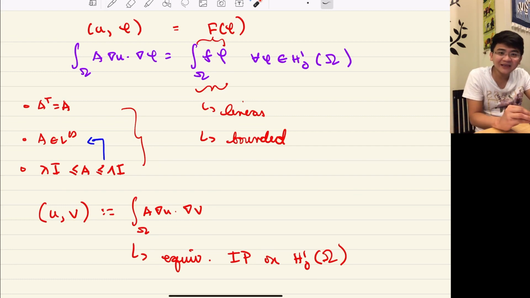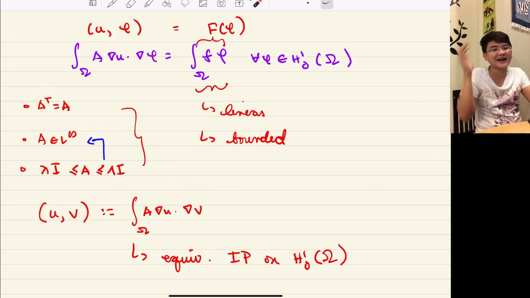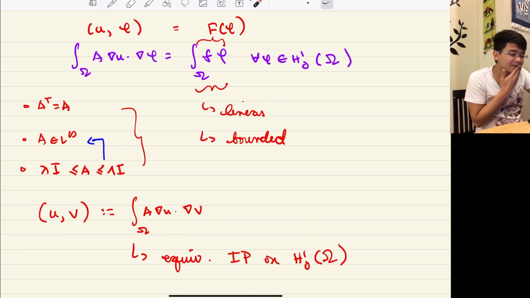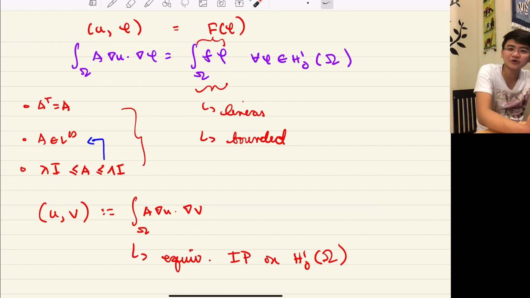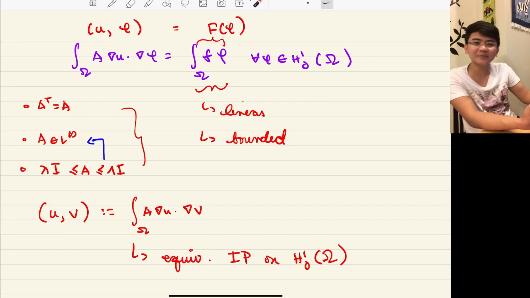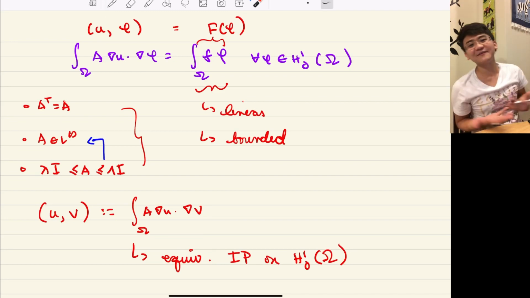We didn't show it here, but we need these conditions to show that this is an equivalent inner product. Now we can be a bit lax when it comes to symmetry. There is what we call the Lax-Milgram theorem, and it doesn't have to be this way. It can have lower order terms, but you need to work harder for it. But in this particular example, just a direct application of the Riesz representation theorem already gives you a weak solution.